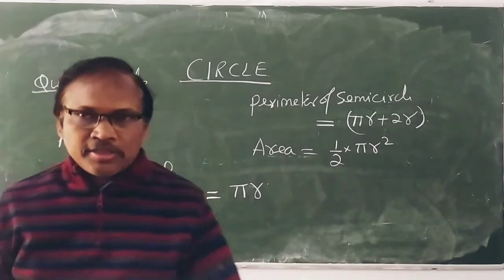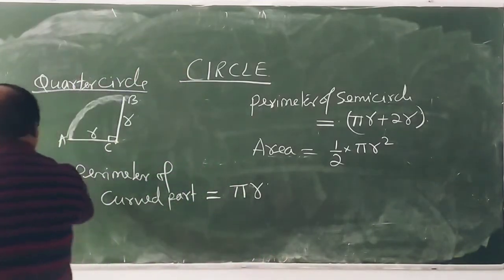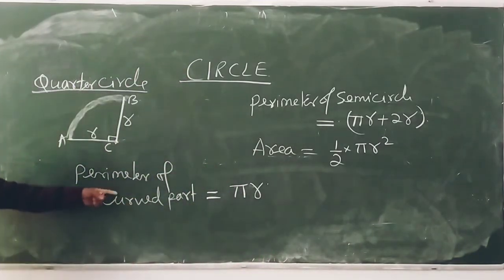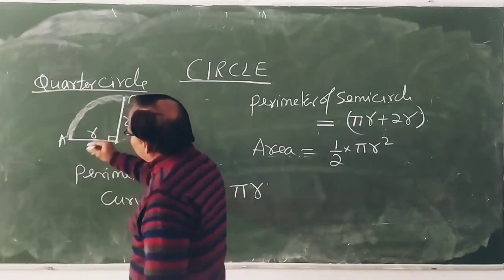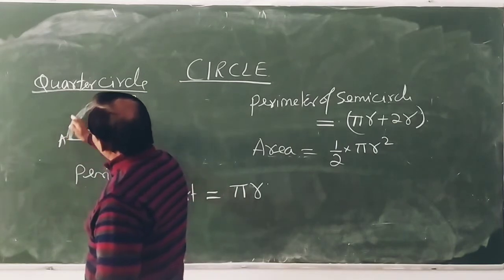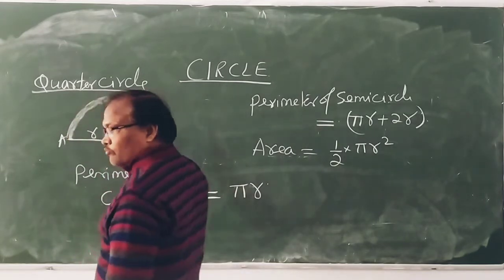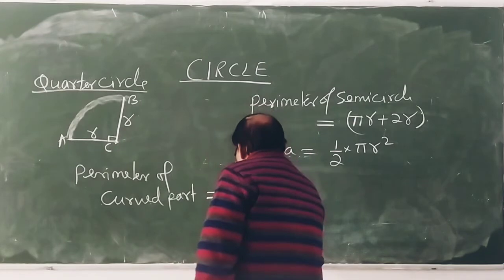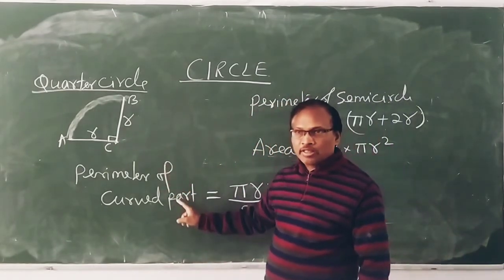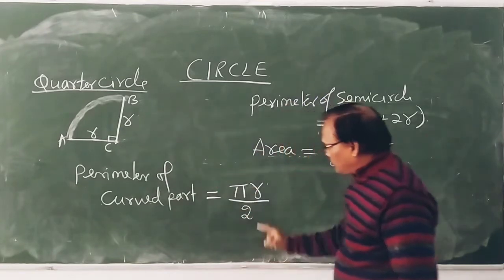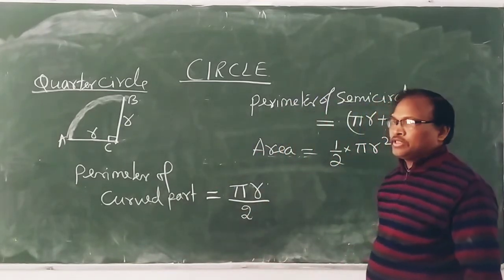So what is the circumference or perimeter of the curved part in a quarter circle? That will be just 1/4 of the total circle, which means pi r by 2. Perimeter of the curved part in a quarter circle will be pi r by 2.